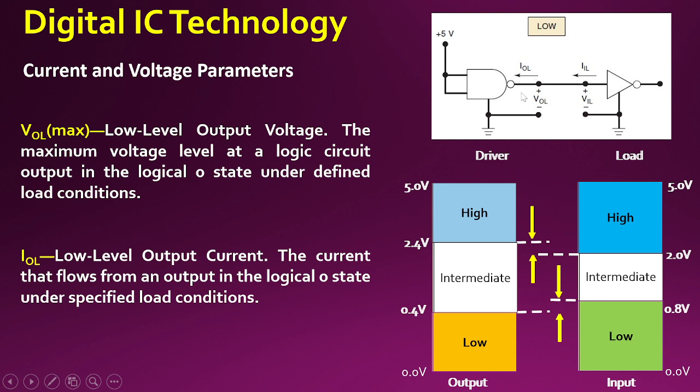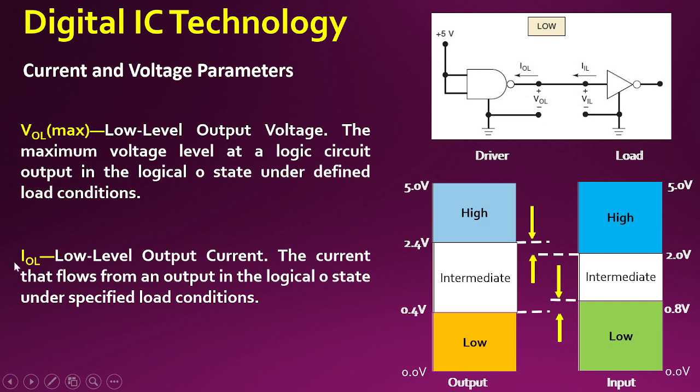If the output is 0, then it's fine. It is accepted as low. But if the output voltage increases, till what will it be accepted? Up to 0.4. If the output is 0.4, it is acceptable. But that particular voltage is again called the worst case voltage, and we will call that max. That is why we have written VOL max.